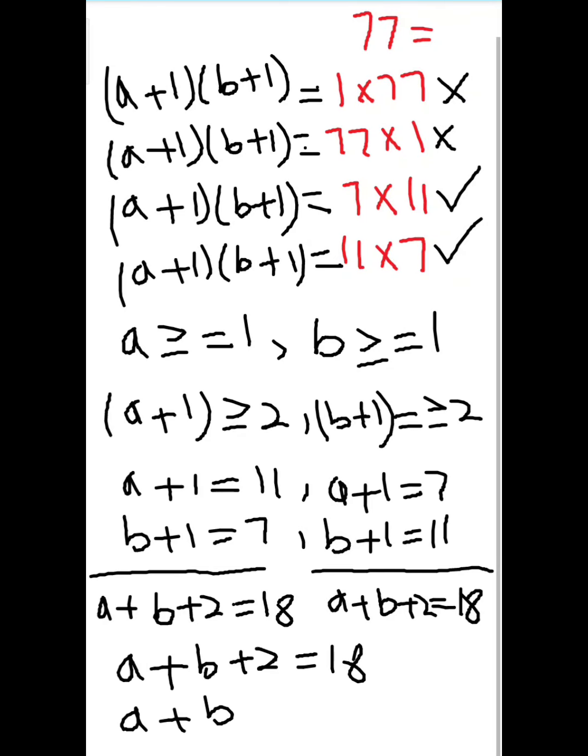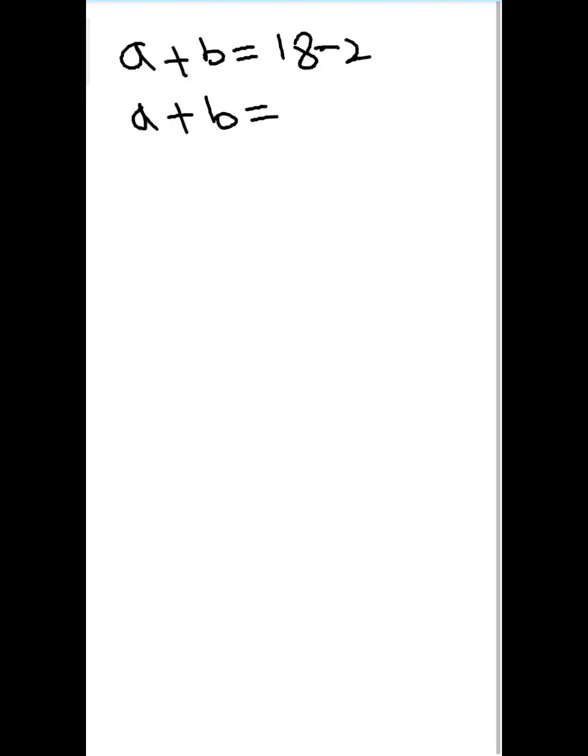So if a plus b plus 2 is equal to 18, then a plus b is equal to 18 minus 2, which means 16. Turning to the next page, a plus b is equal to 16.